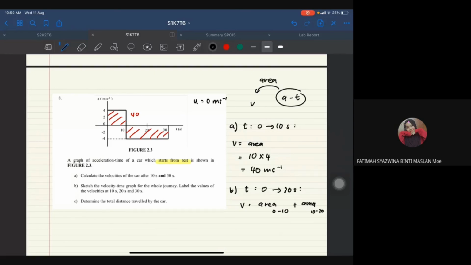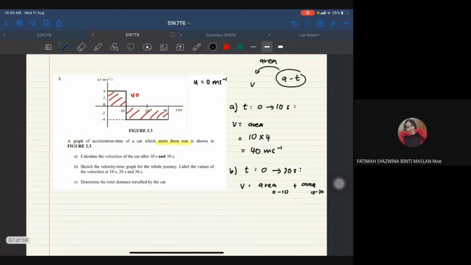So because that one is below the x-axis, so that one will be negative. So V is equals to 40 minus, it will be 30 minus 10, which is 20 multiplied by 4. So you get negative 80 meter per second.